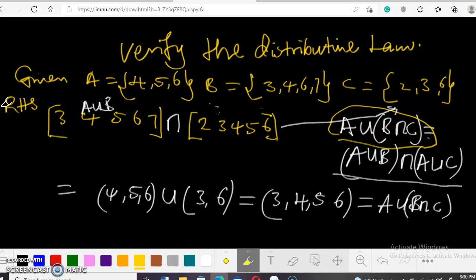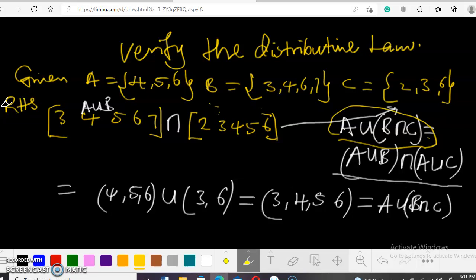It is simply all the elements in A and all the elements in C. We know that A has 4, 5, 6 and C has 2, 3, and 6. So we take them in ascending order: 2, 3, 4, 5, and 6. Of course, we cannot repeat 6 twice, so we just take one. That's why we have 2, 3, 4, 5 and 6.